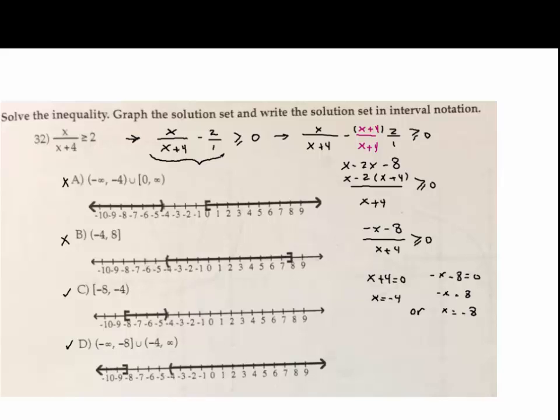The solution would be either between these roots or outside these roots, and it's very simple to see which one is right. Can somebody tell me what would be the check to see if the solution is between these two roots or outside these roots?